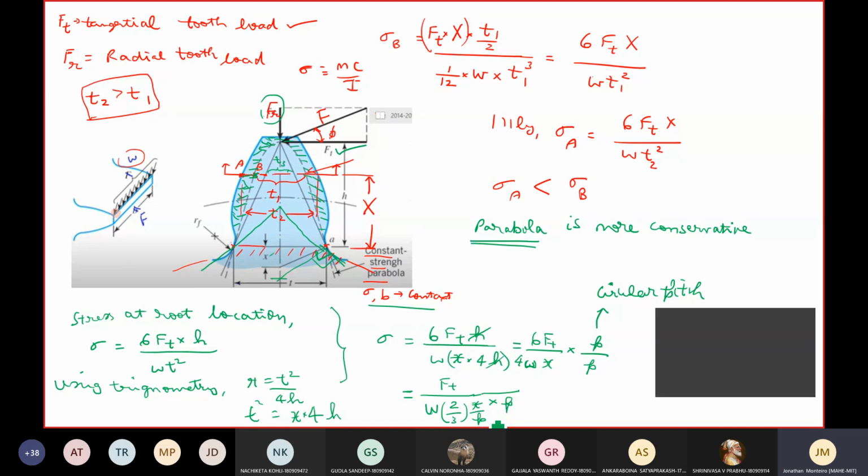I can totally describe this as Ft by W y p, where y is equal to 2x by 3p, and this is called the Lewis form factor.